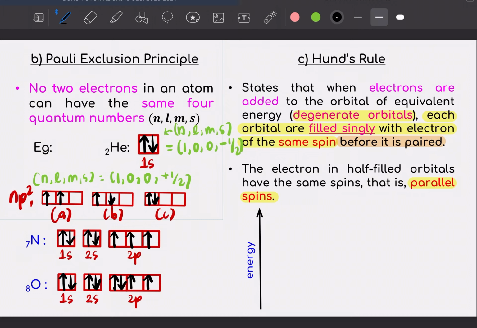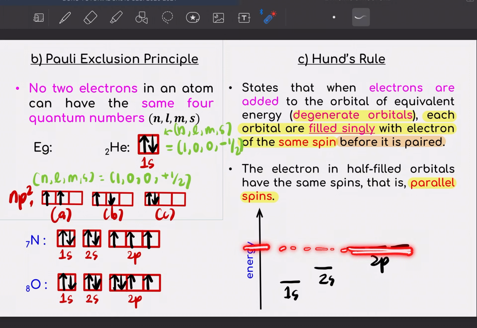Alright, so that is what is meant by Hund's rule. For example, in this energy diagram, you have 1s, 2s. Because your 2p is of the same energy, see, same energy.